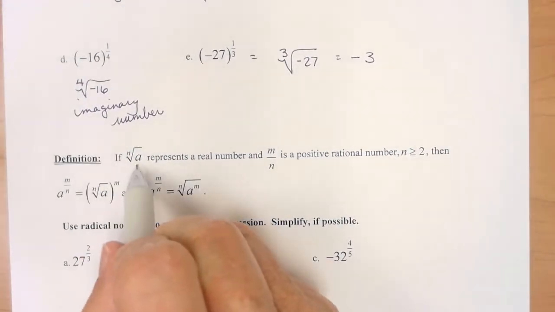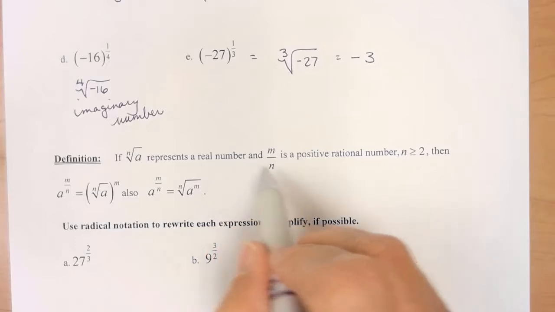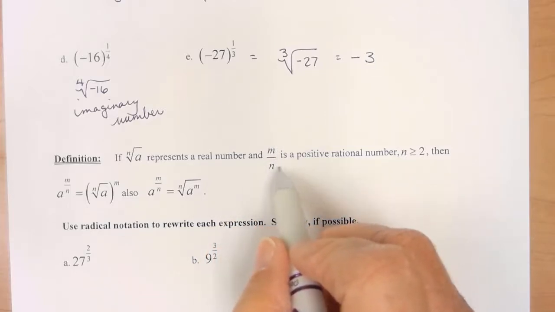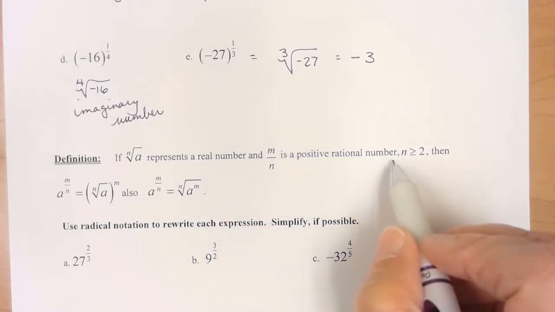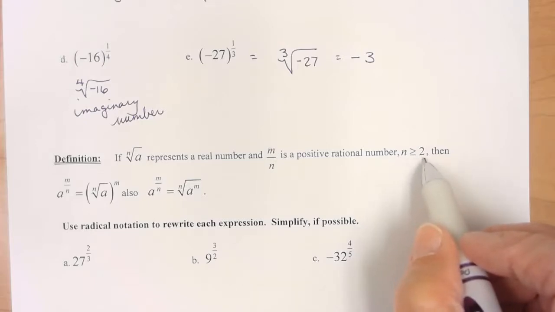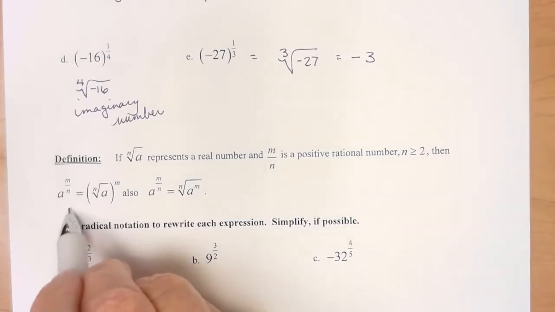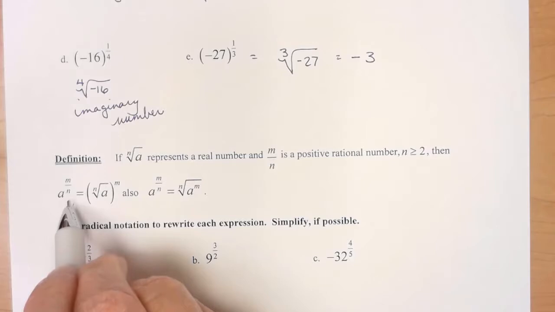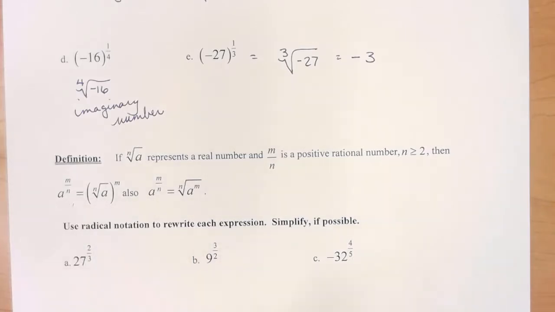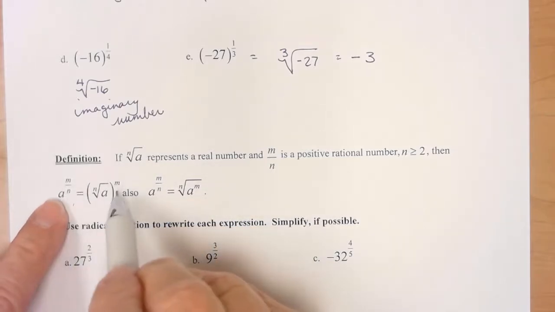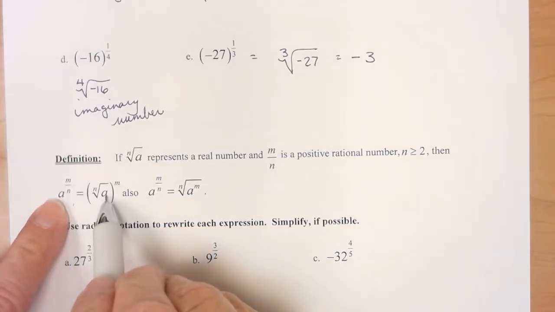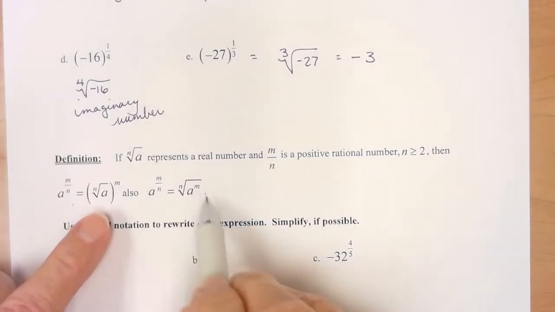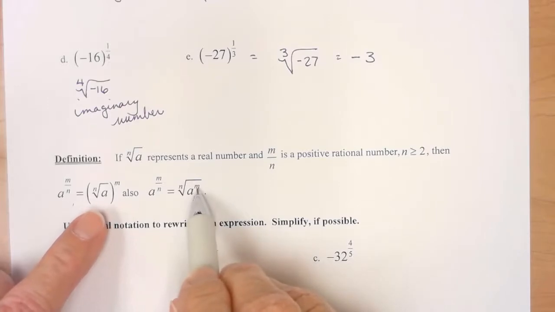Another definition. If the nth root of a represents a real number and m over n is a positive rational number, where n is greater than or equal to 2, then, now check this out. It's a little bit different, but still in a way the same, because up here, if you'll notice, the m is my exponent that can be written either to the outside or to the inside.